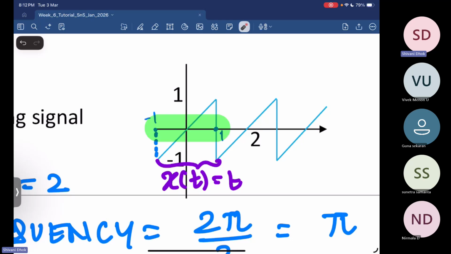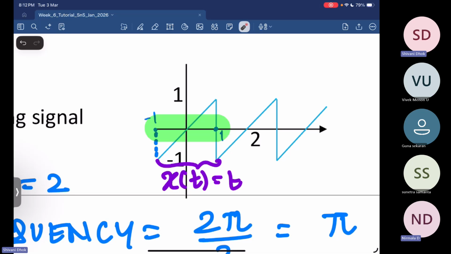When we are finding Fourier series coefficients, we focus on only one period. The length of our period here is 2, so 2 is your fundamental period. This 2 we can take either from 0 to 2 or minus 1 to 1. By choice I am taking it from minus 1 to 1. Is it clear?